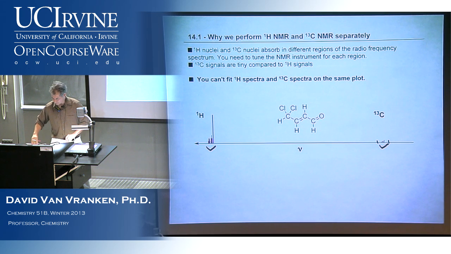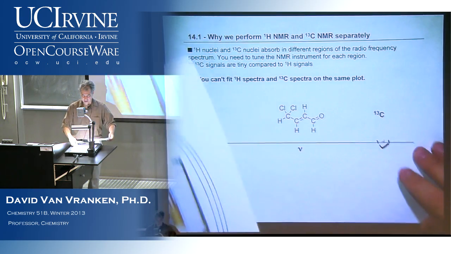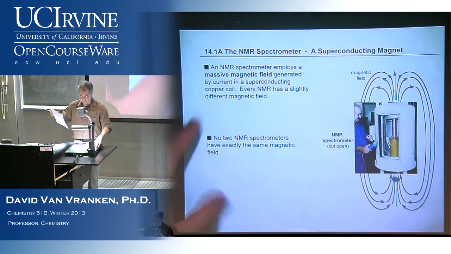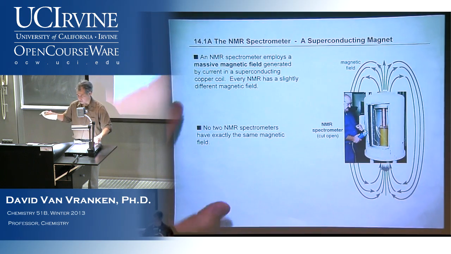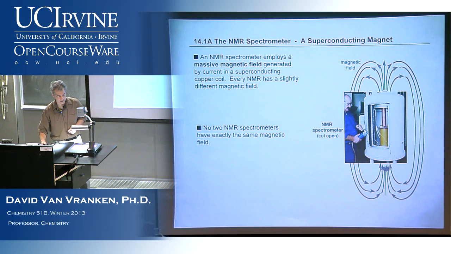Okay, I want to come back to this thing that I kind of skipped just a moment ago about the physical NMR instrument. Because there's an important point that I meant to make that I'm realizing that I forgot. And it's essential for your understanding of why spectra have all these weird labels on them. So here's our NMR spectrometer that I showed you just a moment ago. It's that same slide.